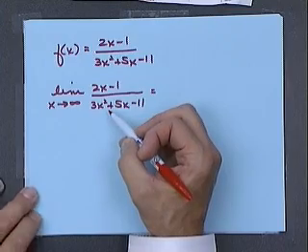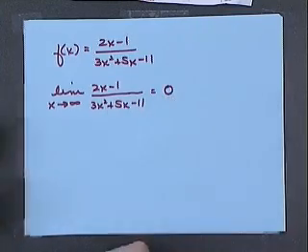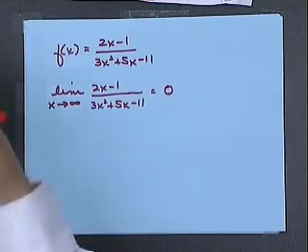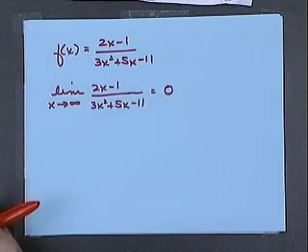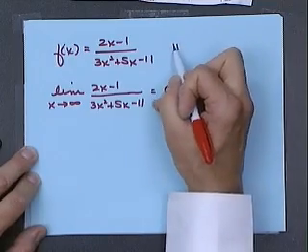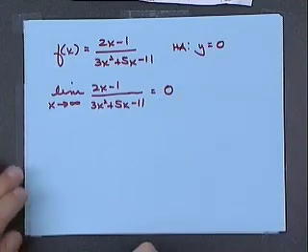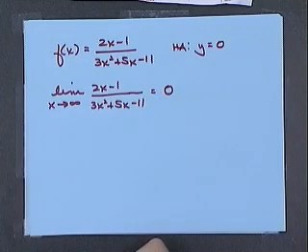The ratio approaches 0. The denominator is getting infinitely larger much faster than the numerator. Numerator's getting large, but the denominator's getting larger faster. When that happens, the value of the fraction approaches 0. So if we were looking for a horizontal asymptote here, we would say y equals 0, for that rational function.